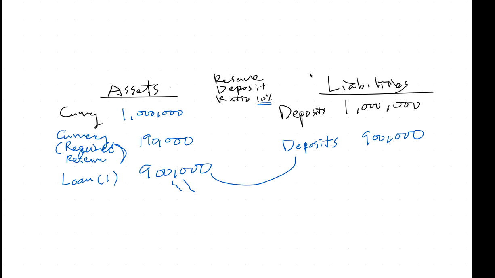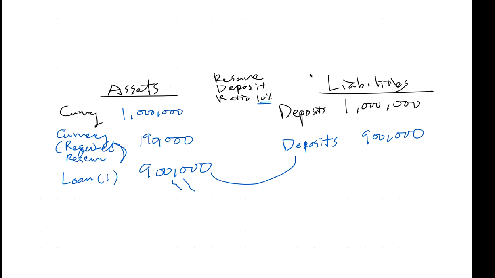It was 1 million, now 900,000 is added, so the total is 1.9 million, and they have to keep 10% of 1.9 million, 190,000. But they have 1 million inside the bank. So what is the maximum amount they can loan out? They have 1 million, and they have to keep 190,000 inside.